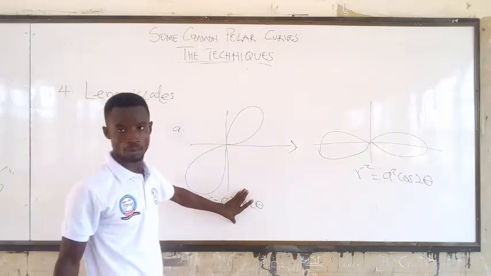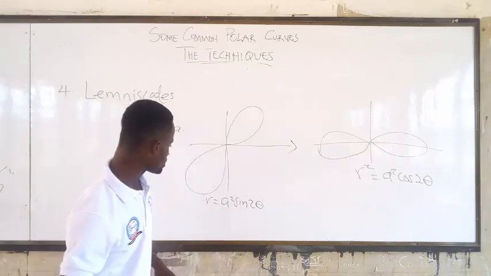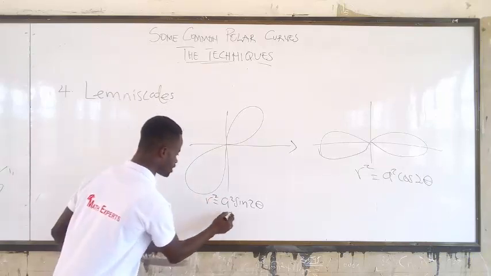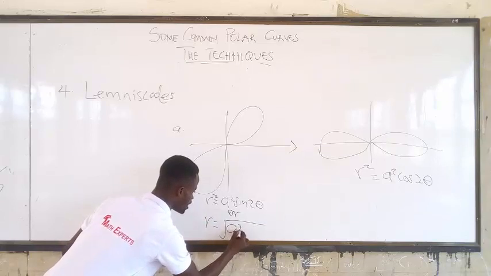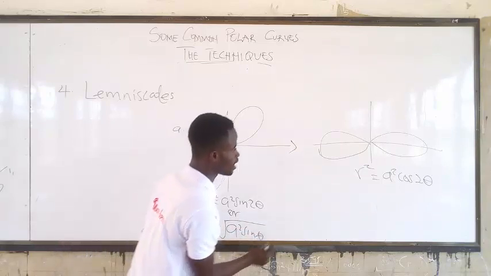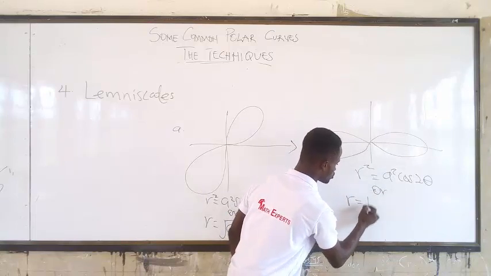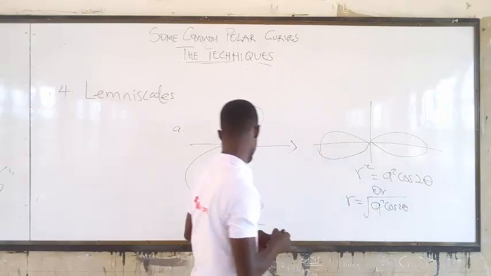The lemniscate is in this form. Please, here is a square. So it will be r = square root of a² sin 2θ, or r = square root of a² cos 2θ.